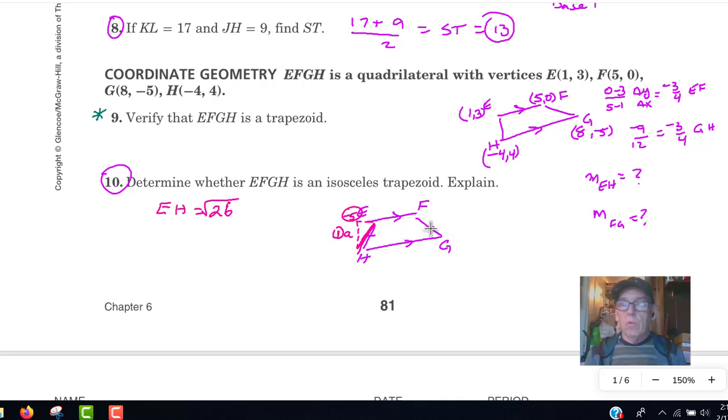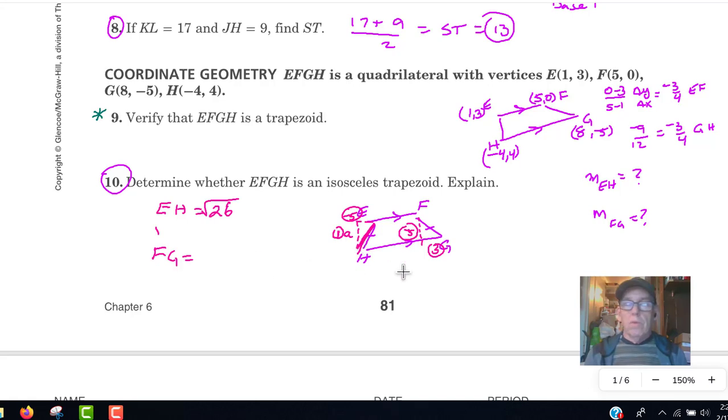So let's see what we got from F to G. So distance from F to G. If we look at F up here, we're going in the y direction, from 0 to negative 5, which is a drop of 5. So going down this way, we're dropping down 5. It's going to be 5 squared for that part. And going in the x direction, we're going from 5 to 8. That's a distance of 3.